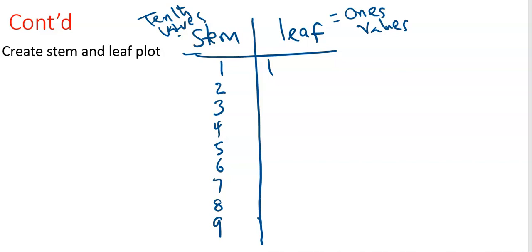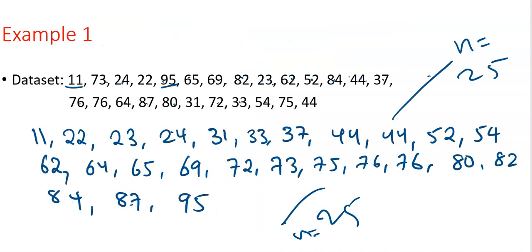So for the 2s, how many data values do we have in the 20s? Let me use a different color this time. We have 3 numbers in the 20s: 22, 23, and 24.